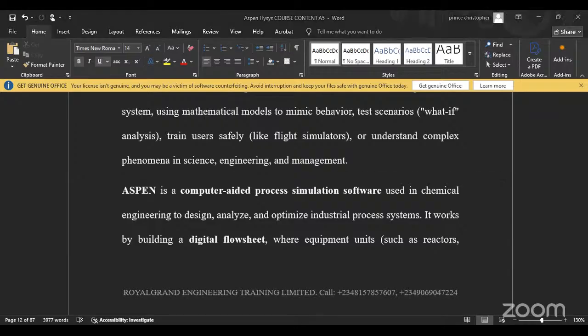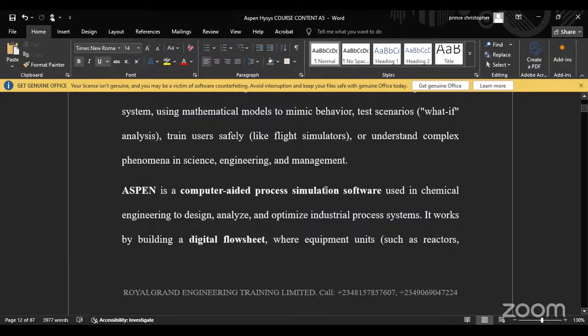Either you want to run a simulation of an LNG plant, or cyclohexane production, or gas synthesis production, you just know that you are using the software to see how whatever you want to do is going to play out in real life, and if you are going to get your desired result.